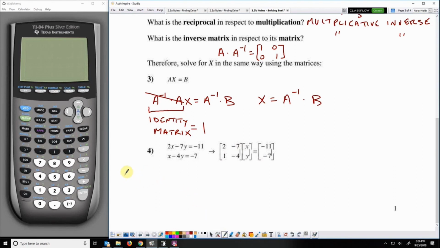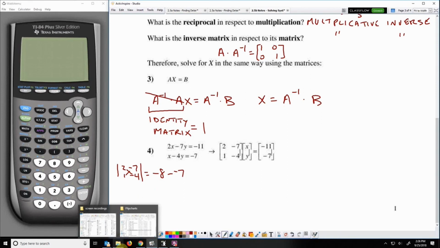To find the inverse, we start by finding the determinant, and that is the main diagonal product, 2 times negative 4, minus the product of the secondary diagonal, 1 times negative 7. So we get a determinant of negative 1.